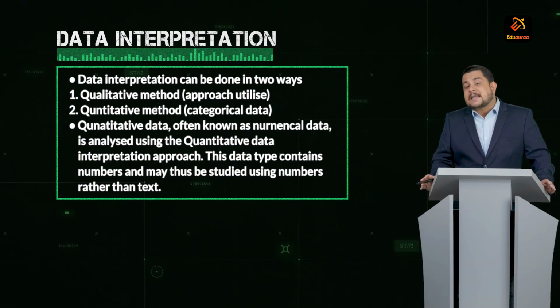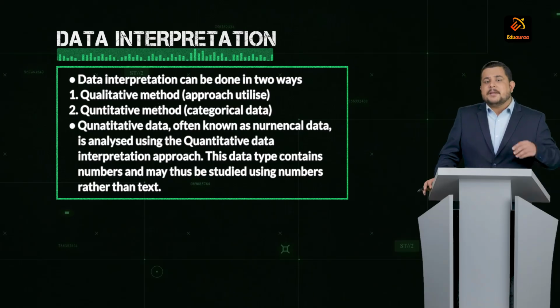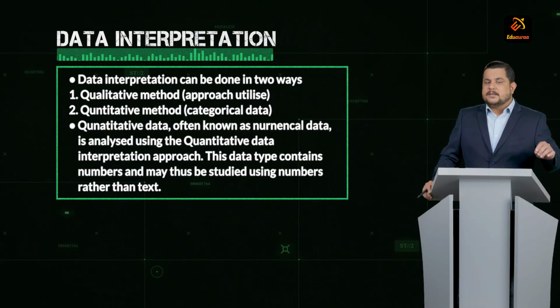The analyst's coding is also documented so that it can be referenced afterwards, reused by others, and further investigated. Now, qualitative data, as we discussed, is based on text rather than numbers or patterns.